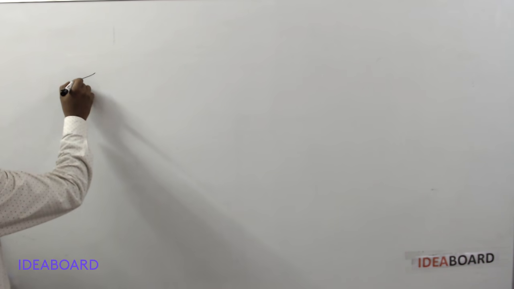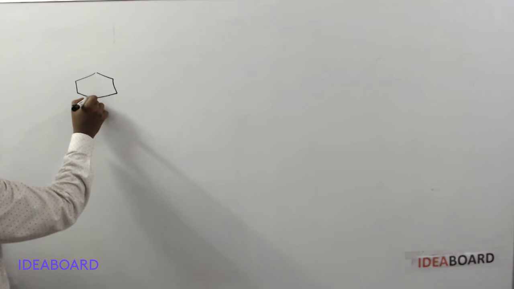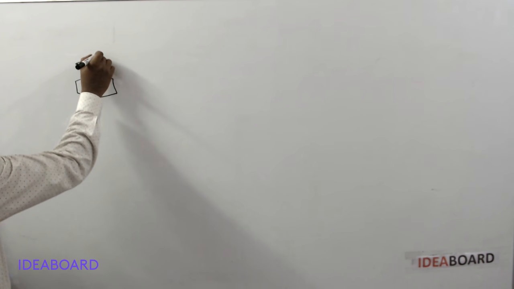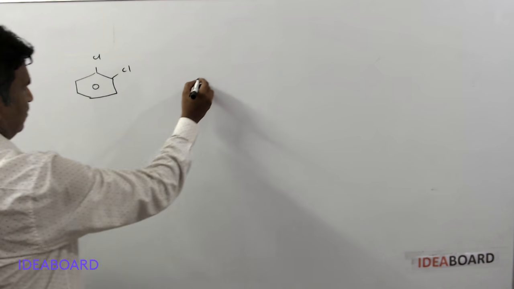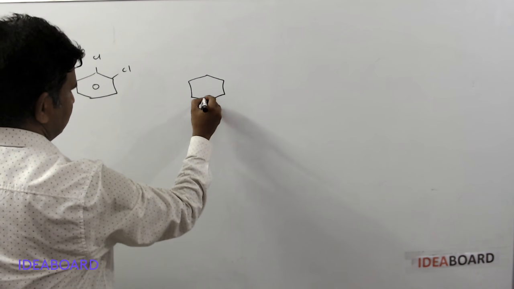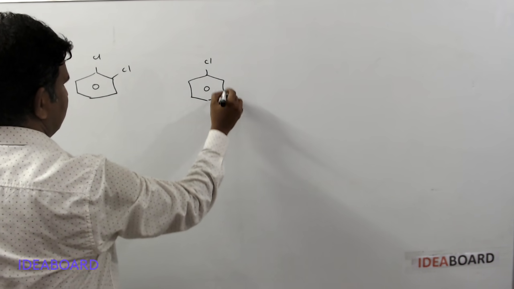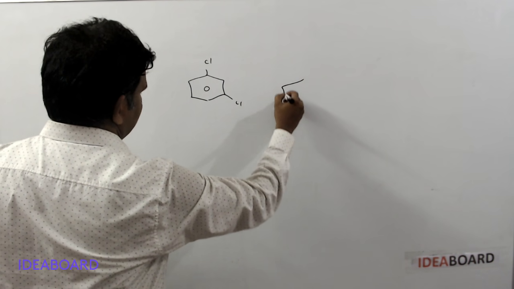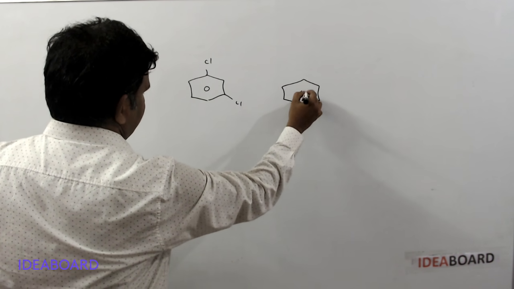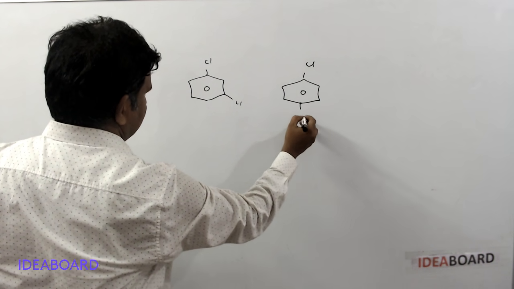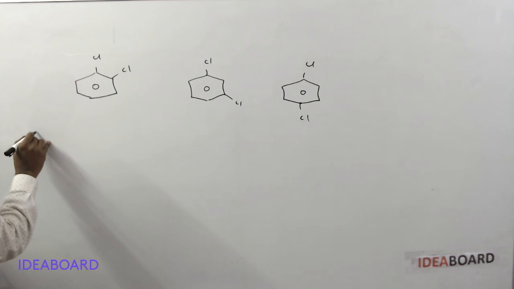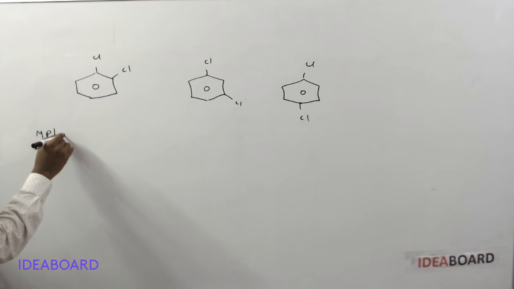Next example. Take ortho-dichlorobenzene, meta-dichlorobenzene and para-dichlorobenzene. First of all, we will check the melting point values. That is important.